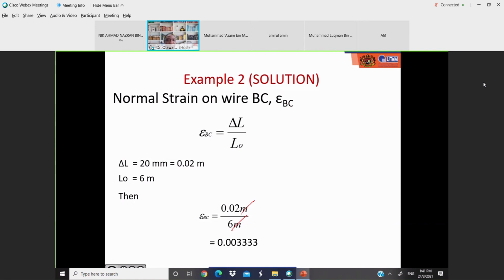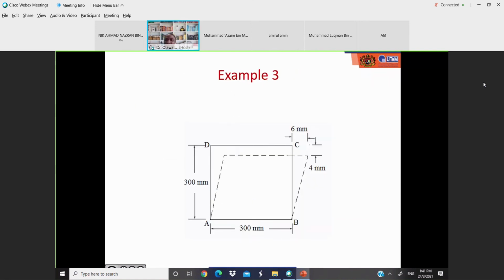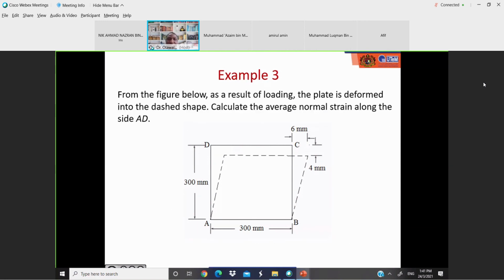Okay, so let's continue. Look at this example here. Since you said no problem, then look at this example. From the figure below, as a result of loading, calculate the average normal strain on AD. So this is your original length of AD, and now AD is going to be here. So this is D prime. So they want you to calculate the normal strain. First, your strain is equal to change in length all over original length, or LF minus L original divided by L original.